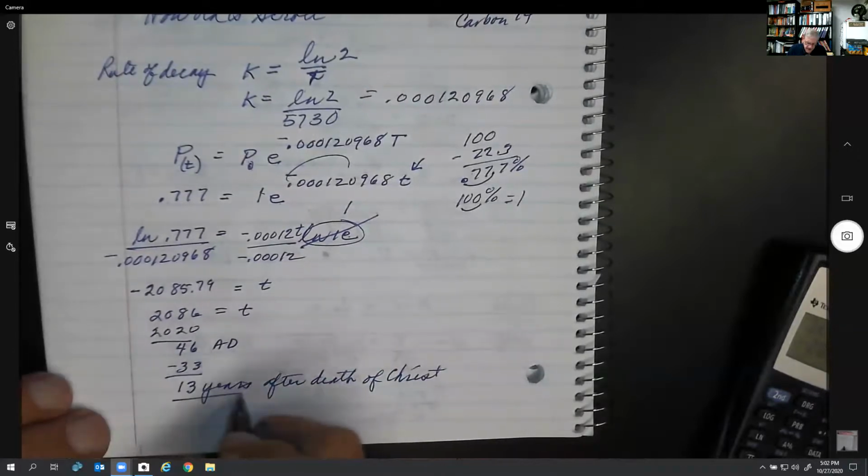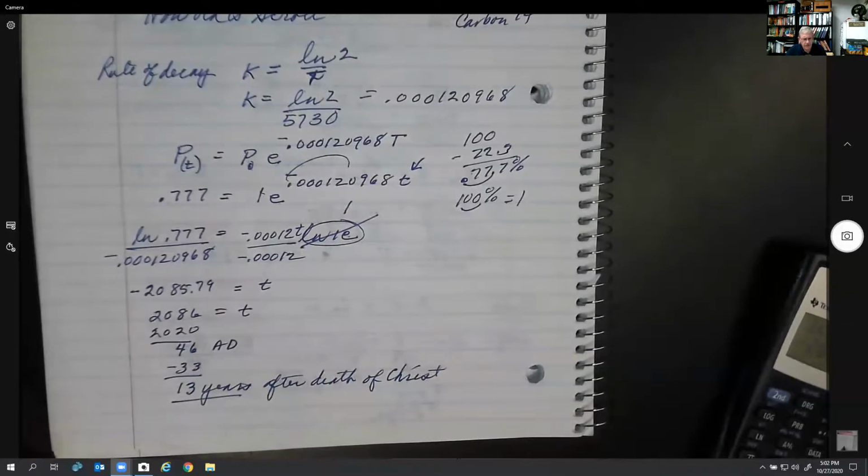So fairly soon after the death of Christ, these Dead Sea Scrolls were written. So they're probably a pretty accurate account of the situation at the time. So that's pretty much how we're going to do it.